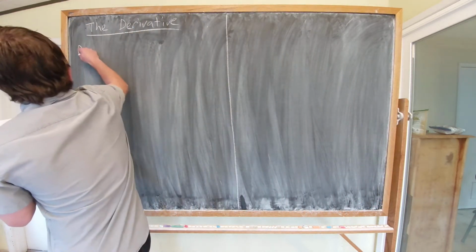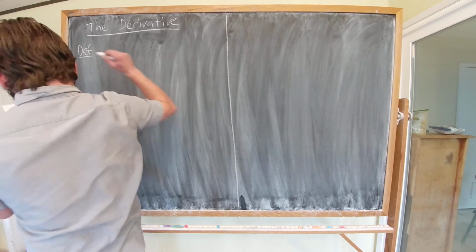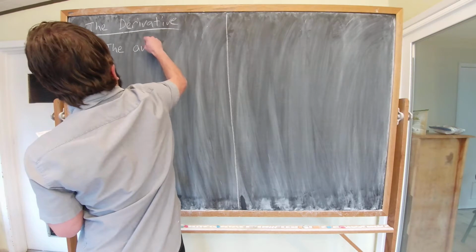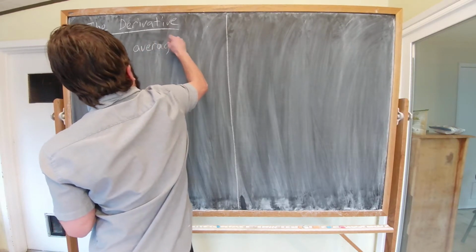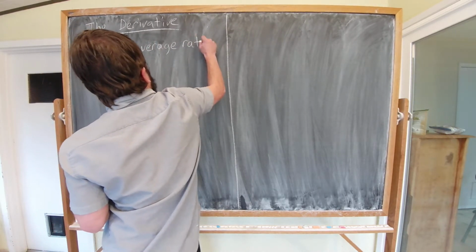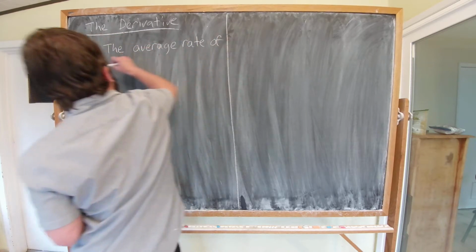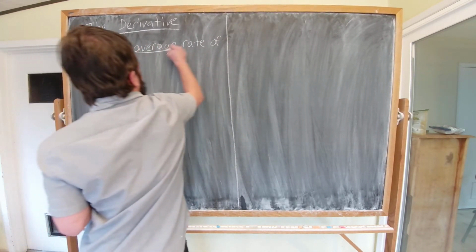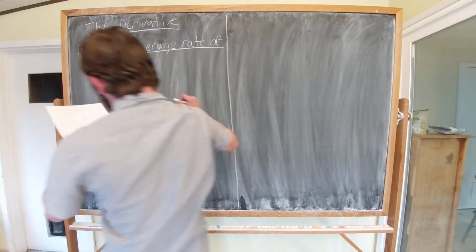So, definition: the average rate of change, and this is a little different than your book's definition, but it's the one we're going to prefer.